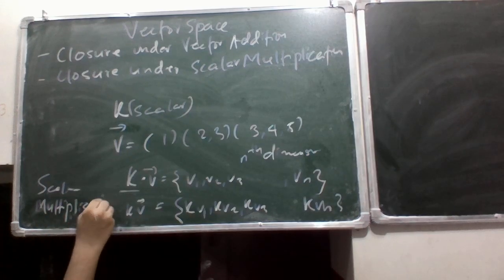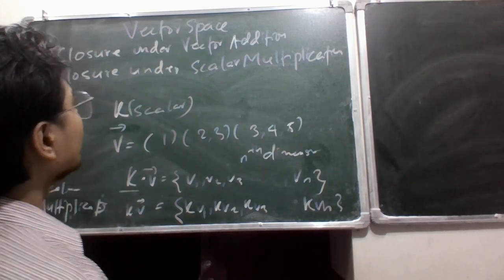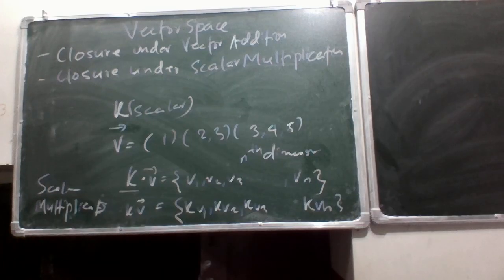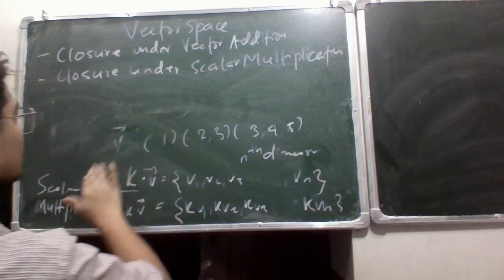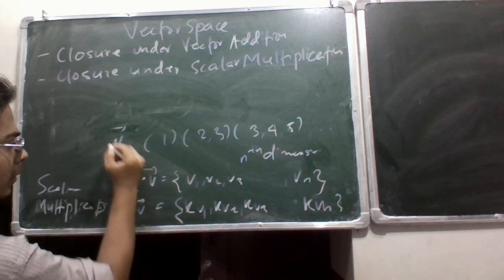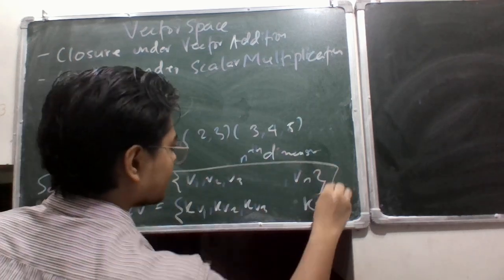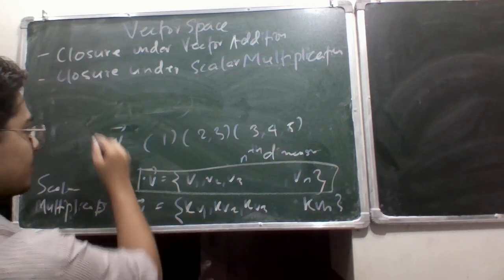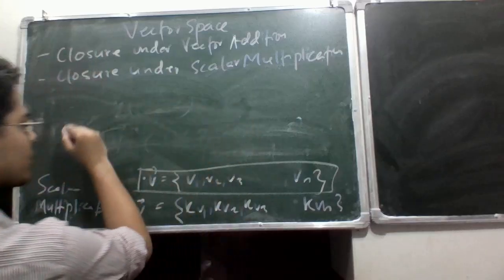Now, let's see the vector addition part. Let's suppose the same vector v, but now instead of a scalar, we have another vector too.